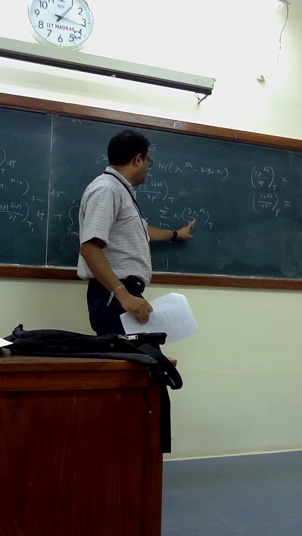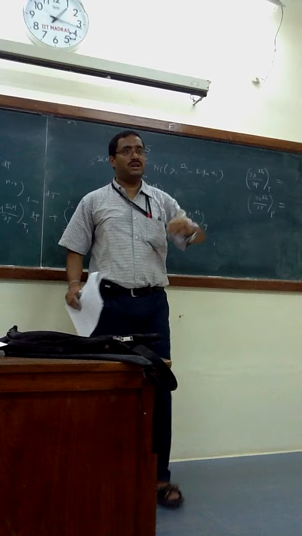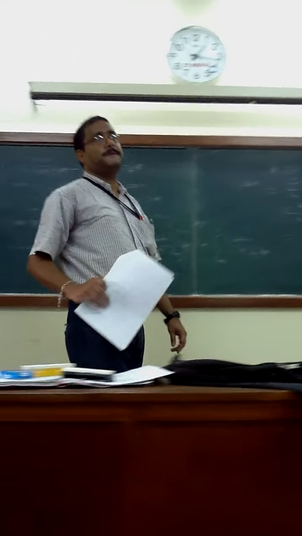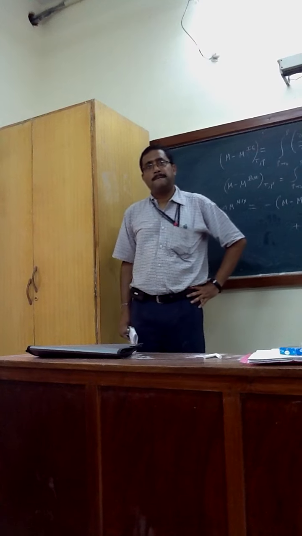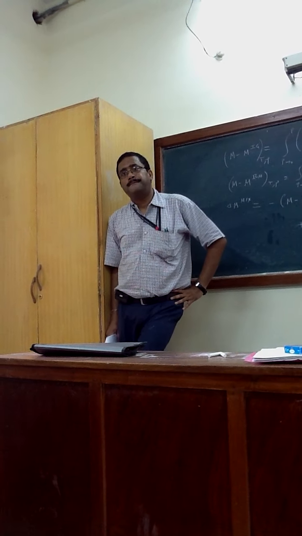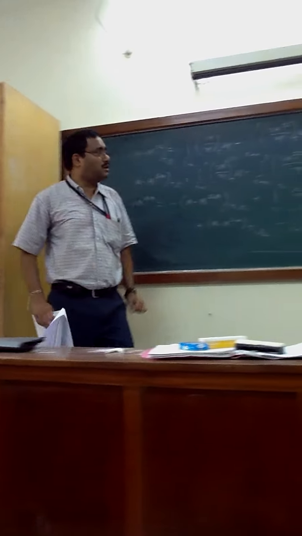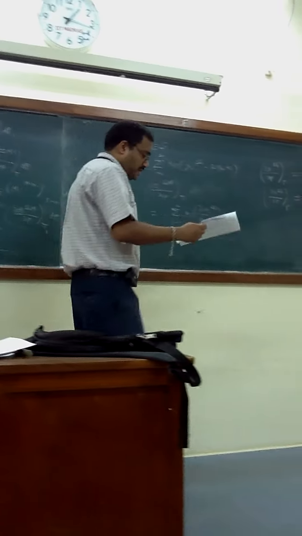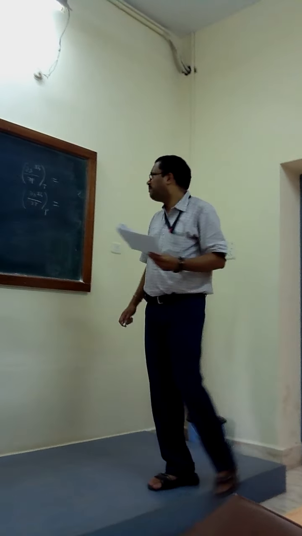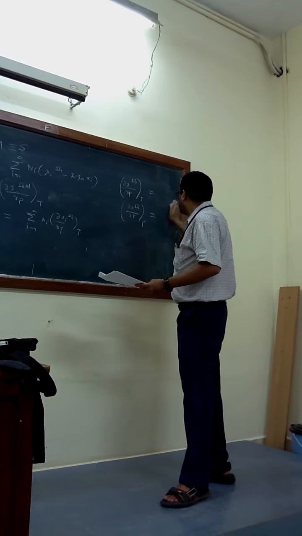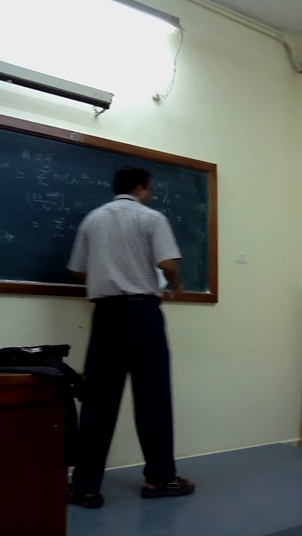What is this term? Dou SIG by dou P at fixed T. You told the answer, R by P. No, it is not R by P. Dou SIG by dou P at fixed T, how much is it? How is it coming R by P?